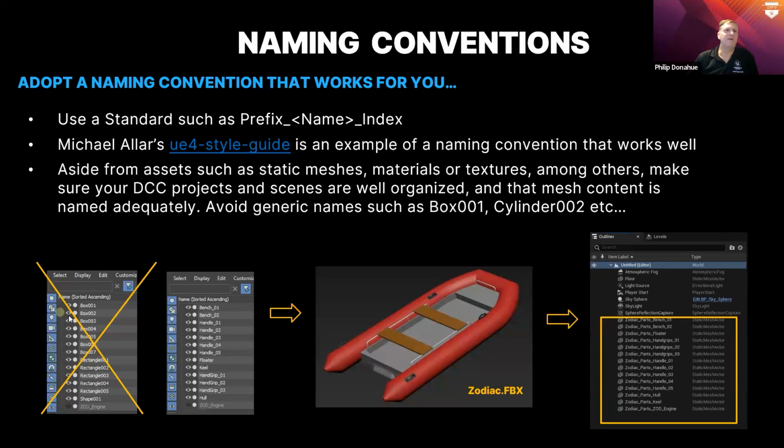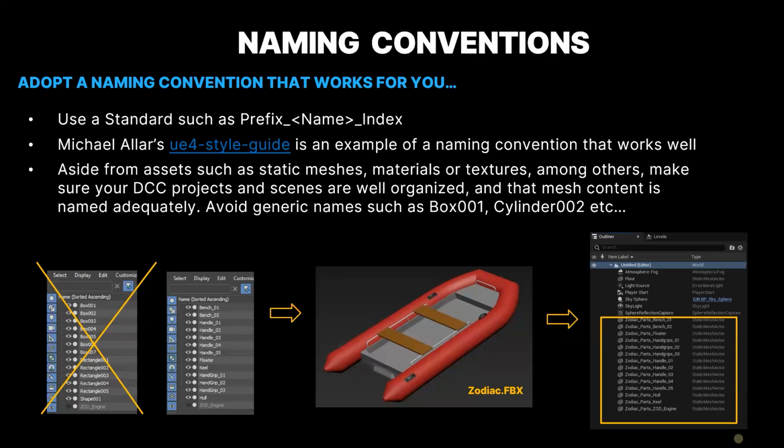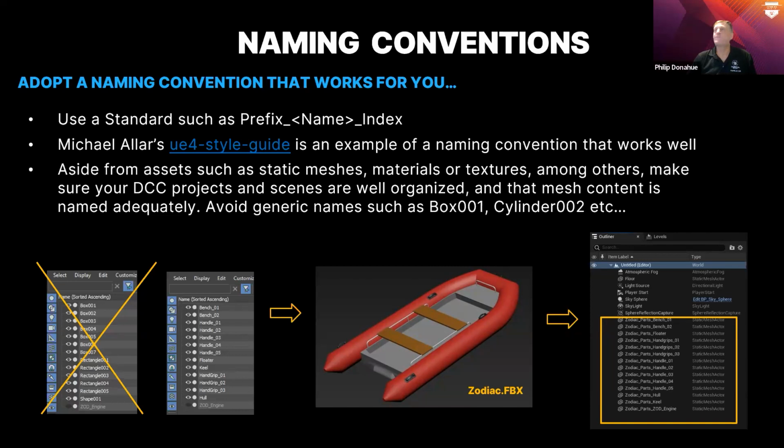It's going to start naming things like box 001, 002, etc., rectangle 001, 002, etc., shape 001. And it's going to be difficult to really keep track of later on. You're not going to really know what each of those objects are when you bring it in. So it's best to rename those if you can.